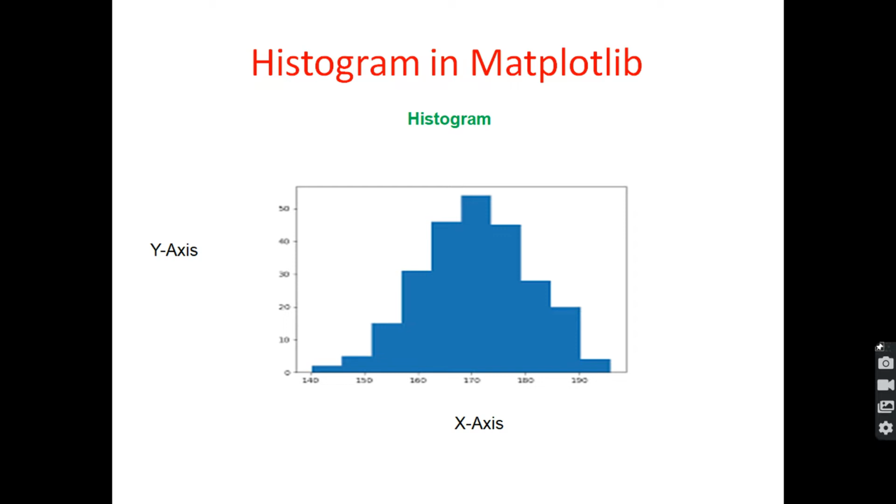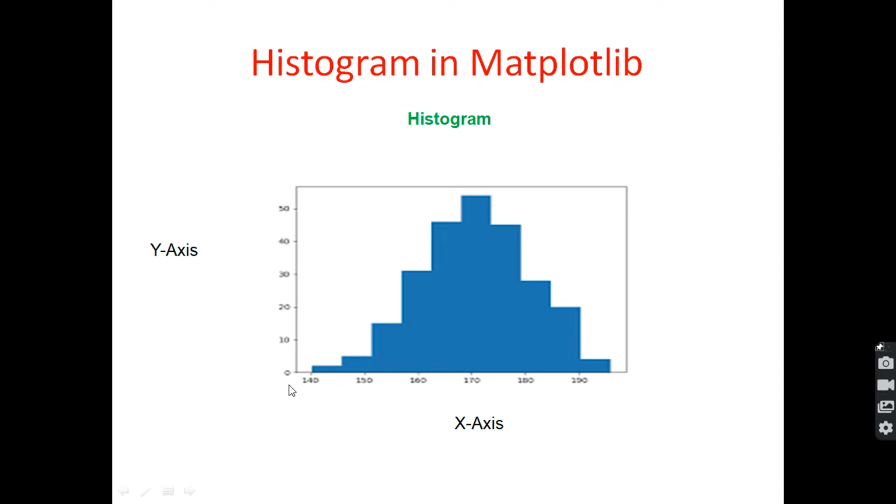That means the data can be distributed into several intervals, and within each interval, how many observations are present. For that purpose, we have to use a histogram. So this diagram shows a histogram drawn between the x-axis and y-axis.